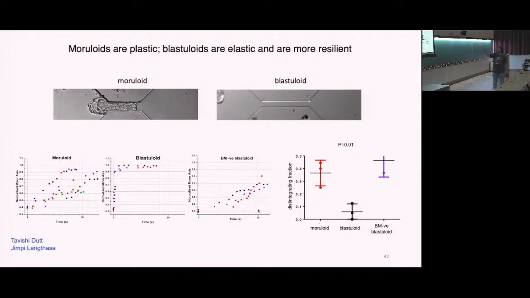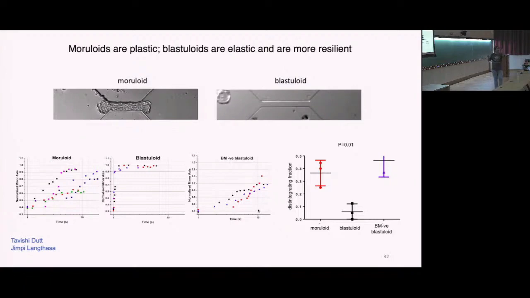We saw that the solid spheroids, as they were coming out, were forming more deformed structures. You can see that the aspect ratio is altered in these solid spheroids, whereas the hollow spheroids were able to retain their aspect ratio even after being deformed.